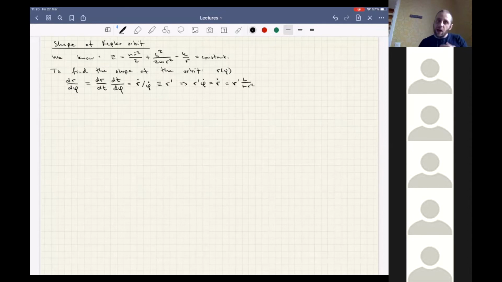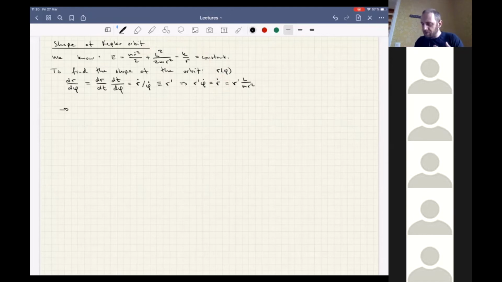So now I have an expression for r dot in terms of the angular momentum, r prime, and r, that I can insert in the expression for the energy. So this will lead us to an expression including r prime and r.